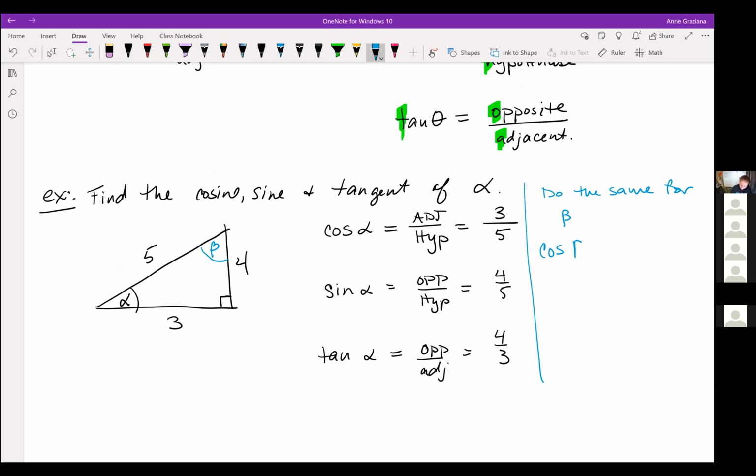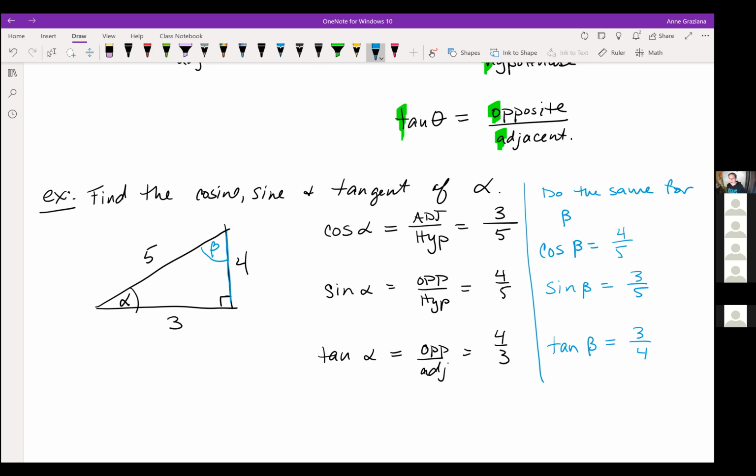So cosine of beta: that adjacent is no longer 3. This is the adjacent side for beta, so it's 4 over 5. Sine of beta, that opposite now is 3, so 3 over 5. And then tangent of beta is opposite, 3 over 4.